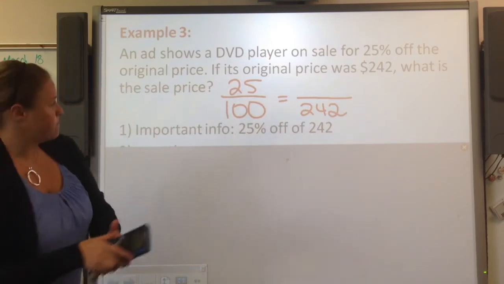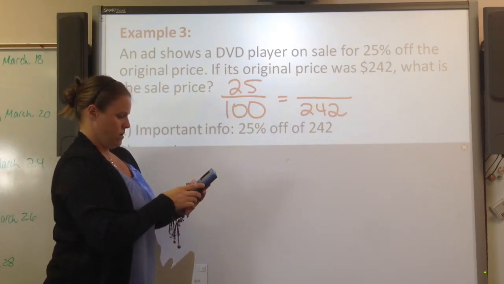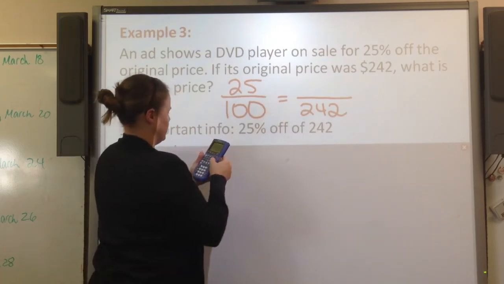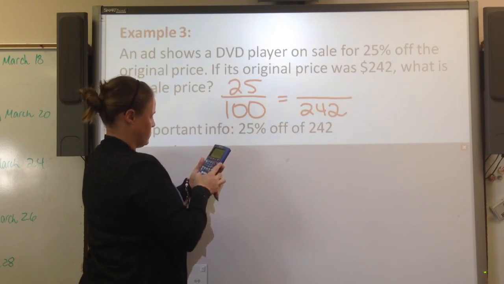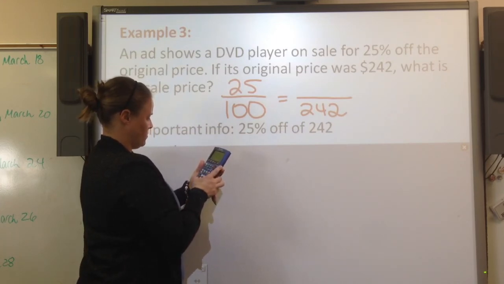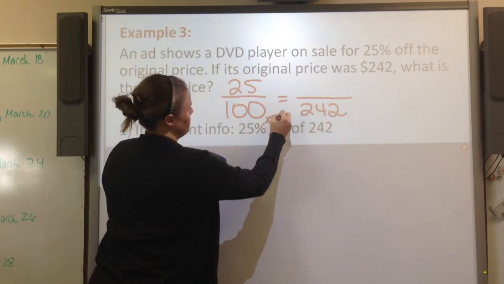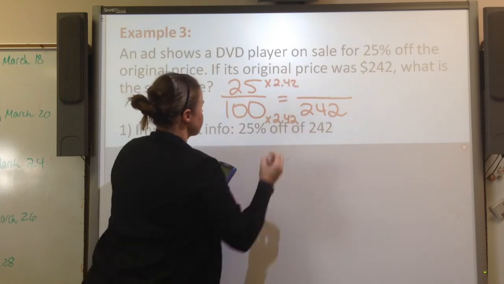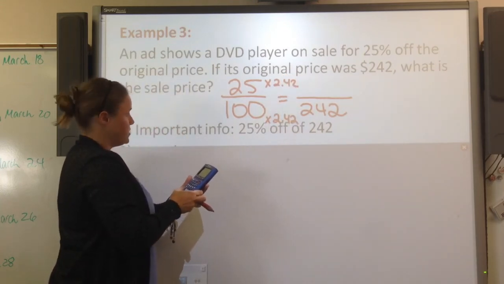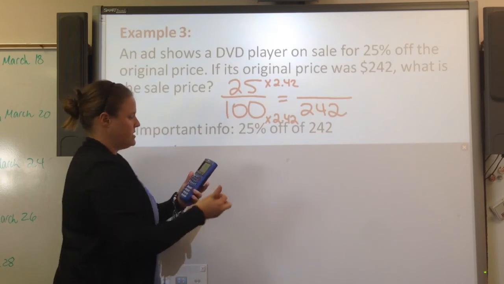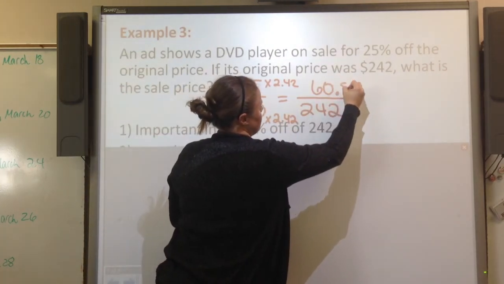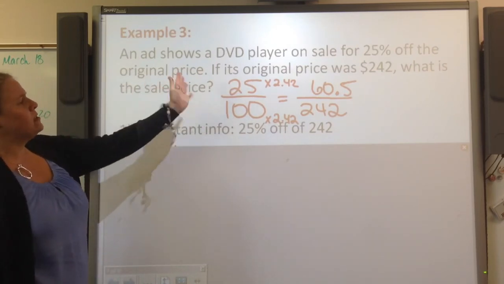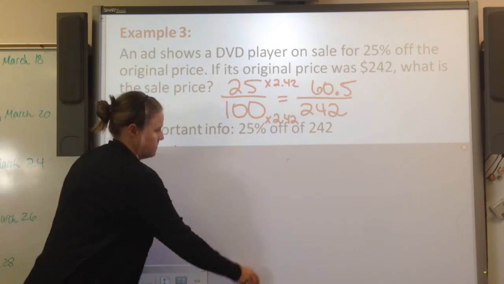So my calculator, and that equals, let's see here, 2.42 times 2.42. So this equals $60.50.